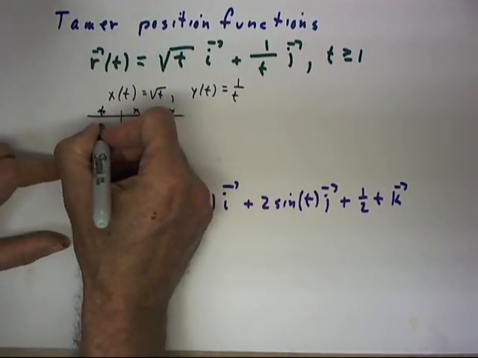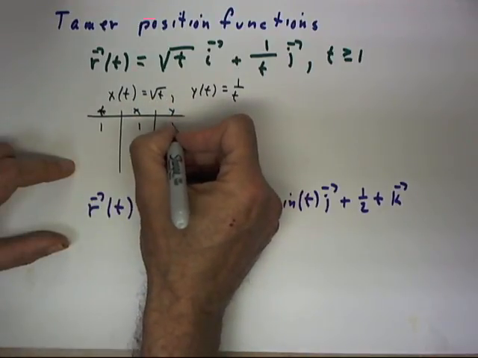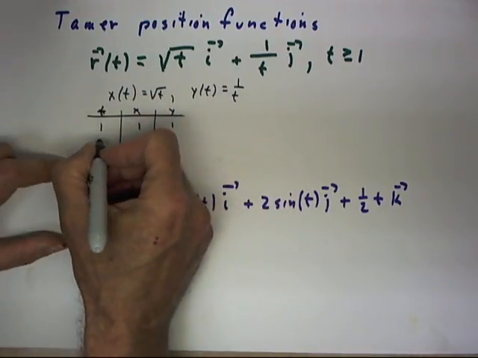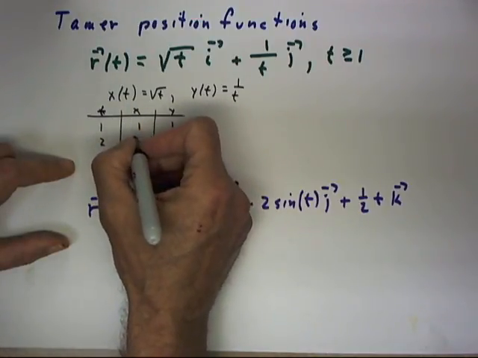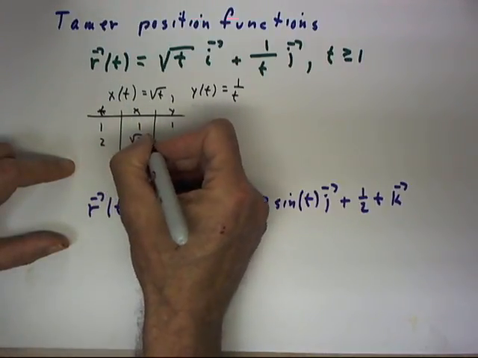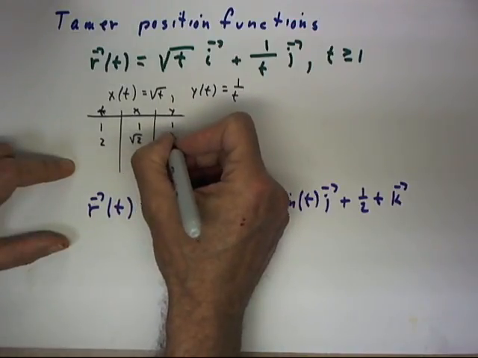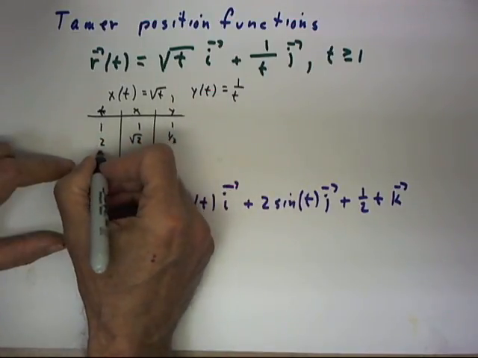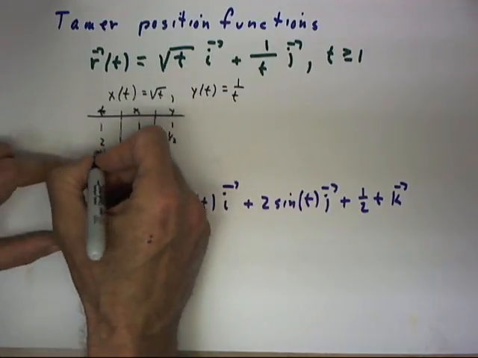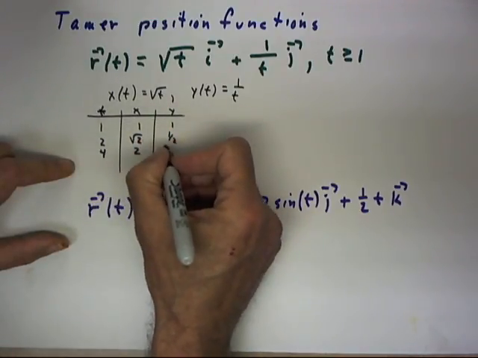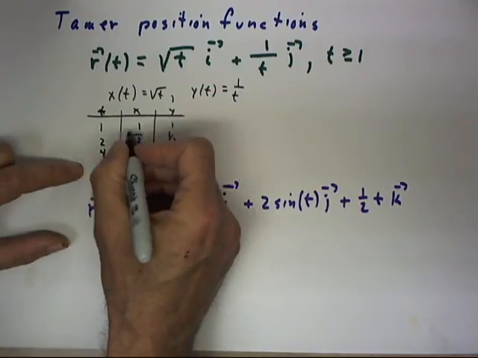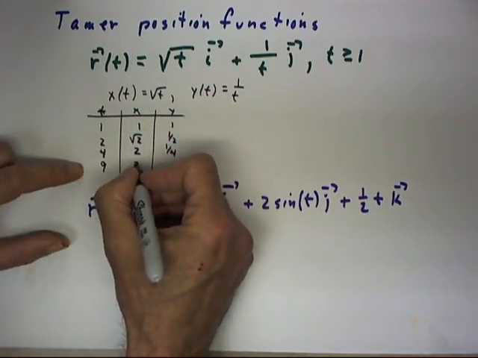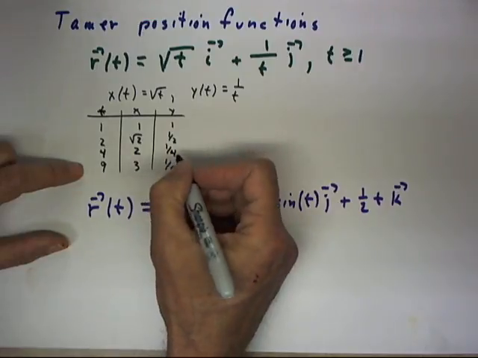When t equals 1, x equals 1, and y equals 1. When t equals 2, x is going to be the square root of 2, which is about 1.4, and y is going to be 1/2. By the time t gets to 4, x is going to be 2, and y is going to be 1/4. When t is 9, x is 3, and y is 1/9.